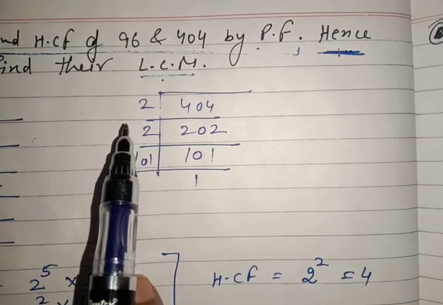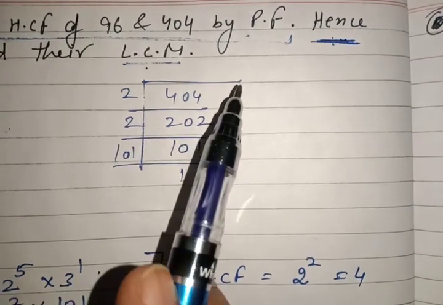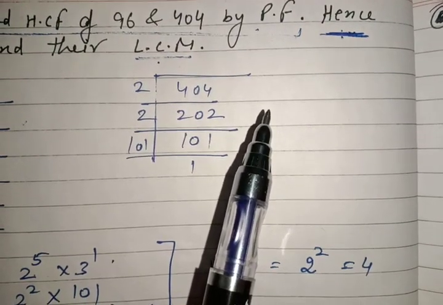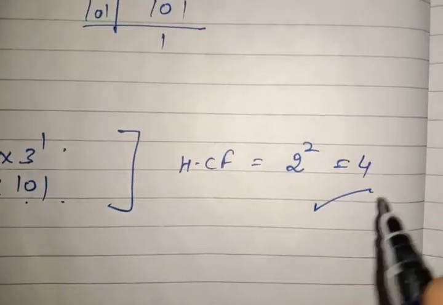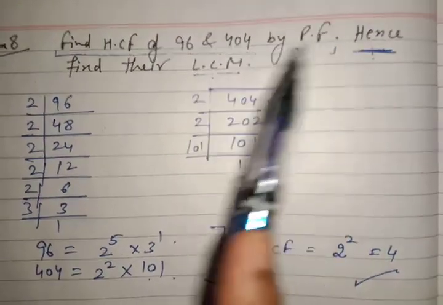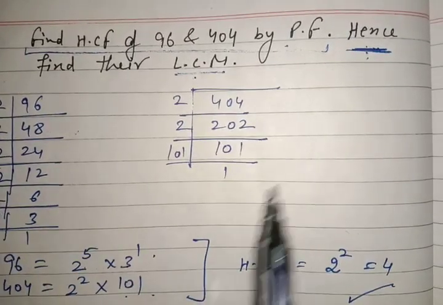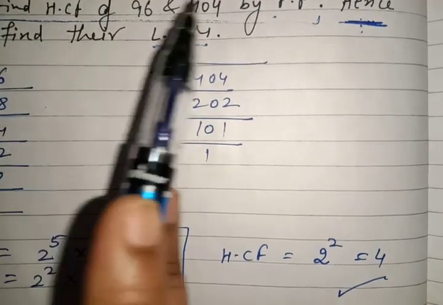I am taking this example to explain the statement of this question. This question has 2 parts. First is find HCF by prime factorization, and we have done that. And second is hence find their LCM. Hence means we cannot use prime factorization. We need to use this HCF to find the LCM.